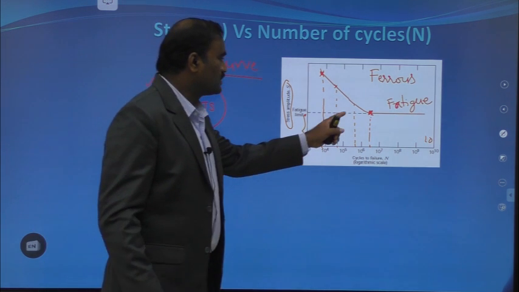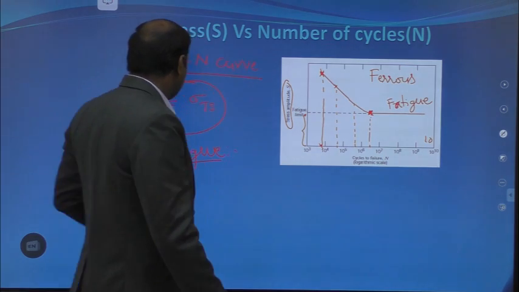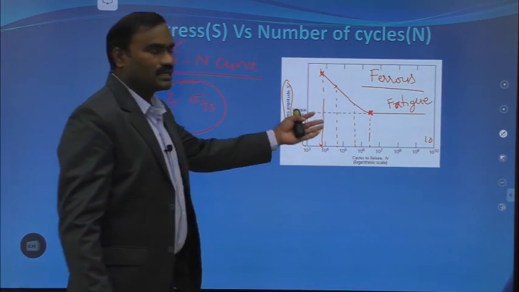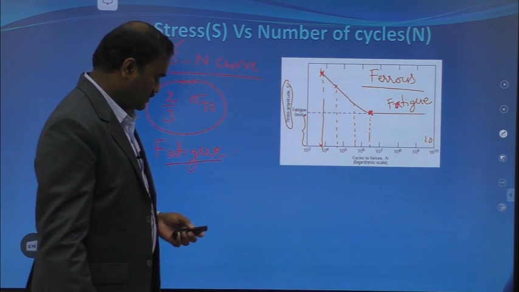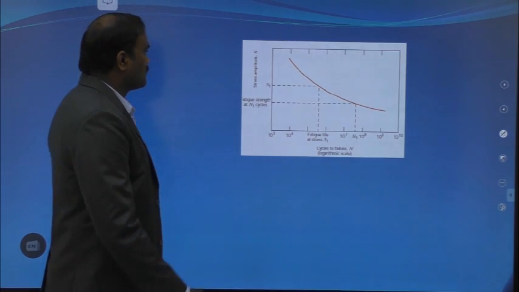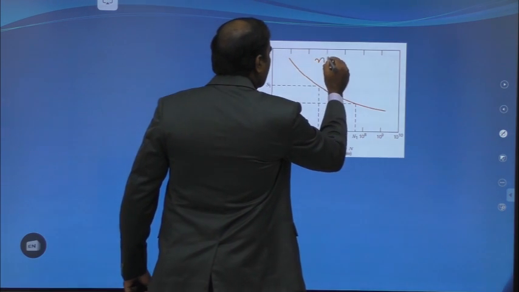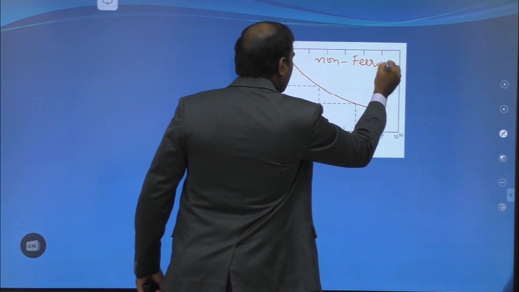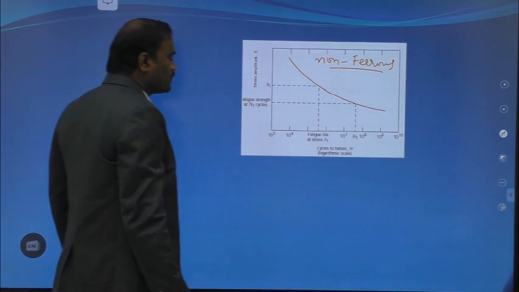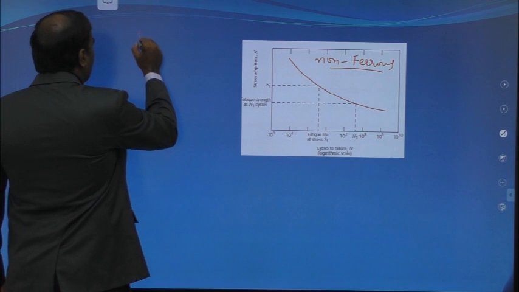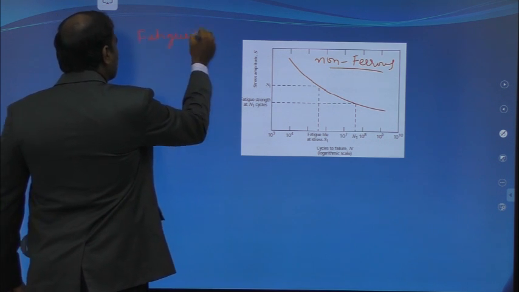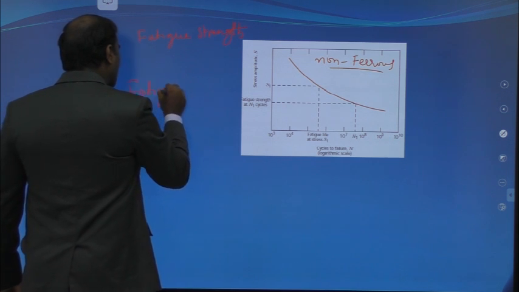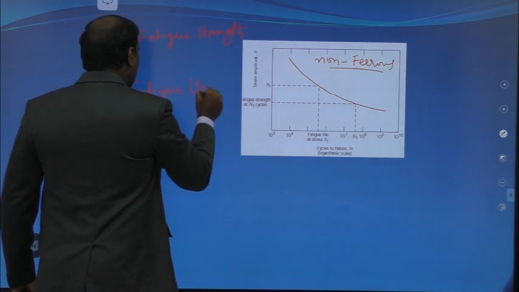So this is the curve for ferrous materials. For non-ferrous materials, the fatigue failure curve will be like this. Here we have two definitions: one is fatigue strength, and another one is fatigue life.